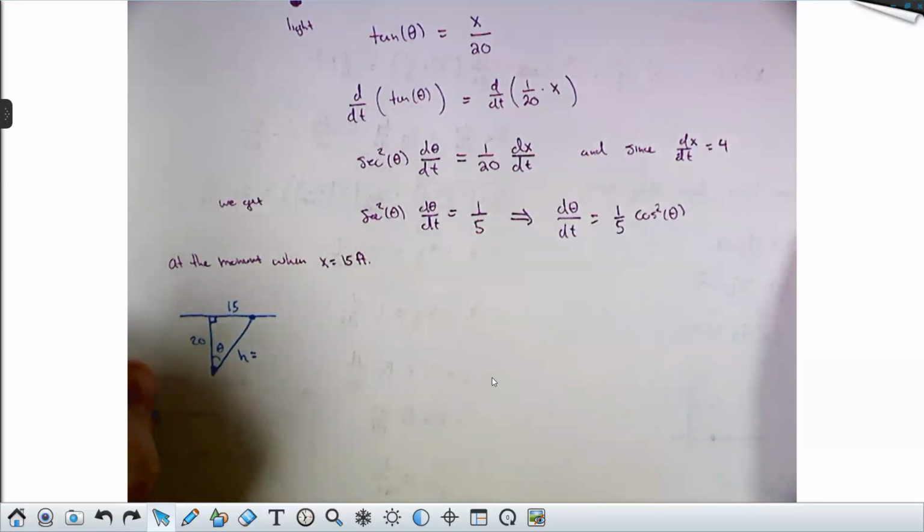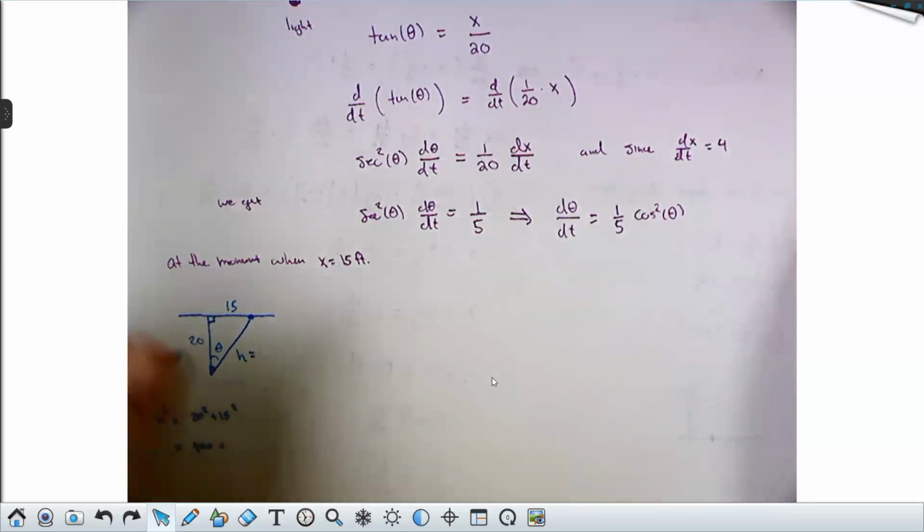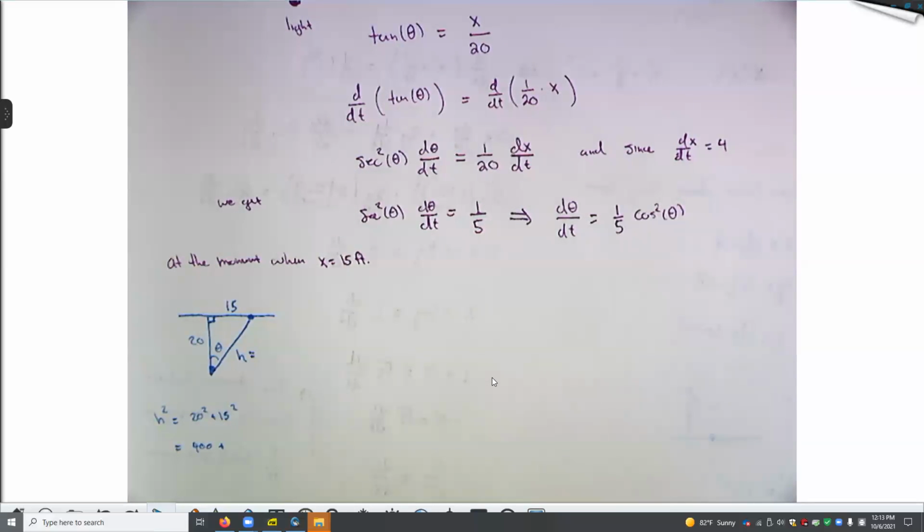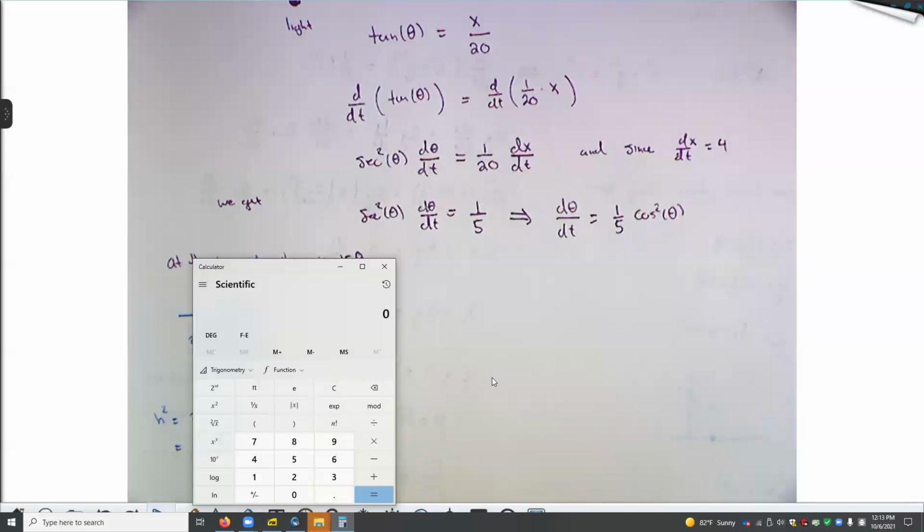I know that h squared is 20 squared plus 15 squared, which is 400 plus, what is 15 squared? I'm not sure off the top of my head. 225?